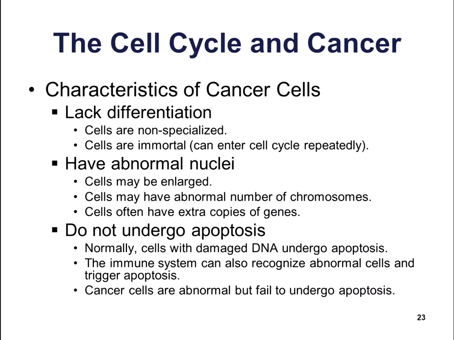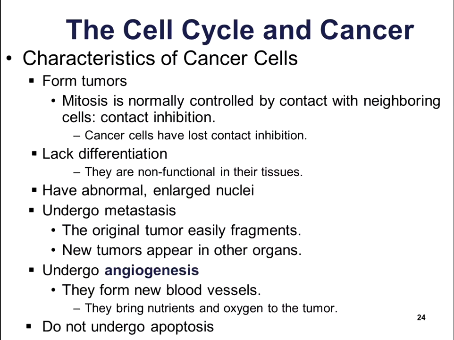Cancer cells are abnormal, like we said, and again, they fail to undergo apoptosis. Double problem, right? Now that we've got a trouble cell, we've got a cell with bad information, and it's not going to fix itself. So we've got a double situation. And this forms tumors.